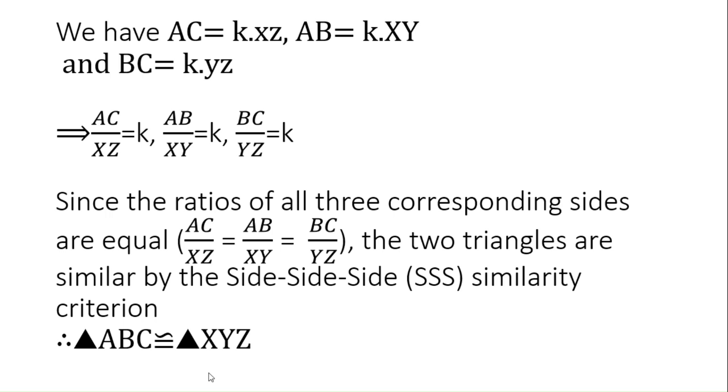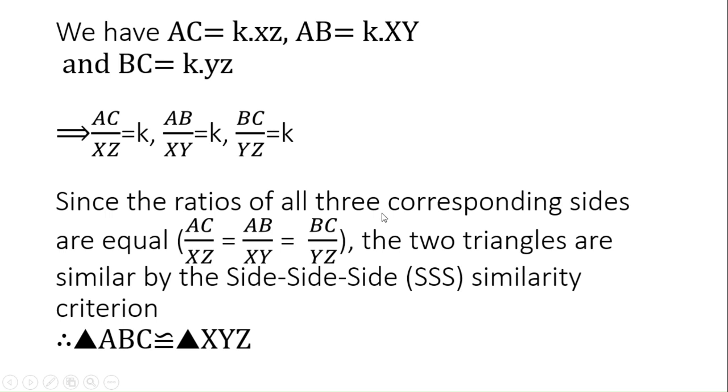We can write simply. So here when we compared, what did we get? AC by XZ is equal to K and AB by XY is equal to K. Now, after calculating the third side, what did we get? BC by YZ is equal to K. Okay, so clearly we can observe one point here. What is that point?